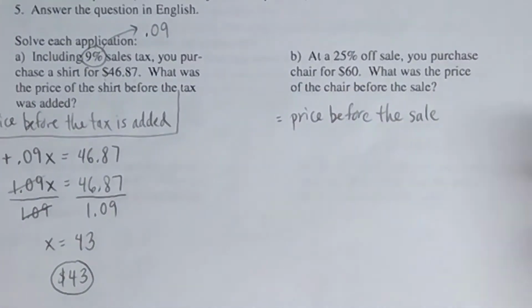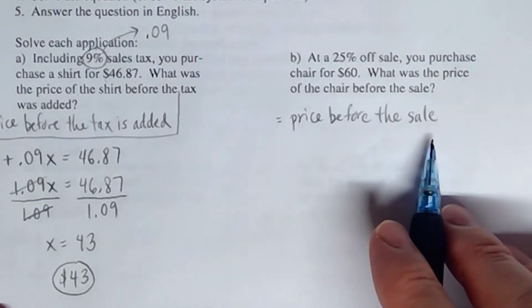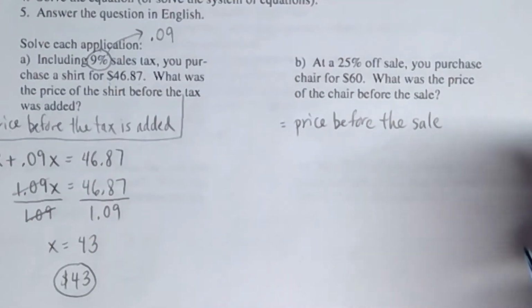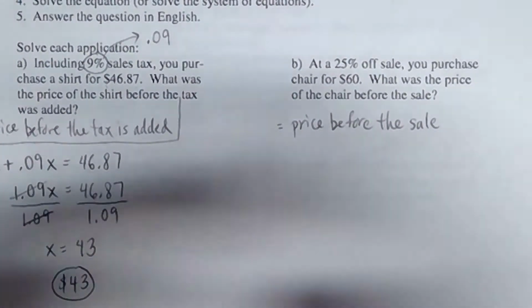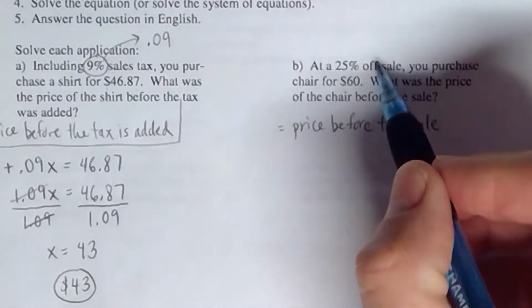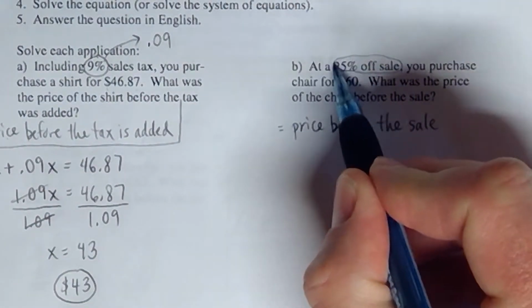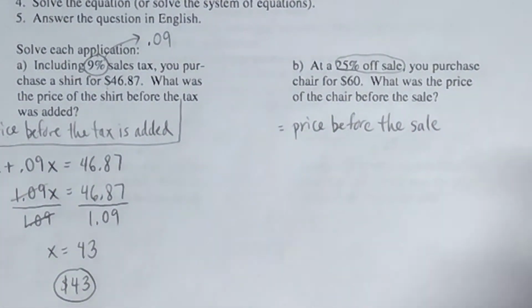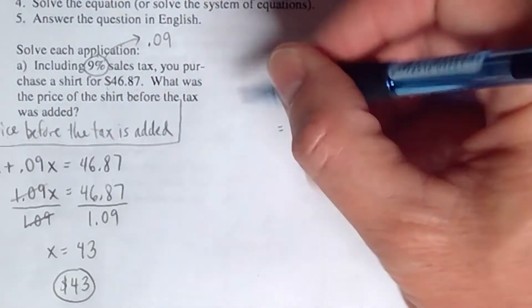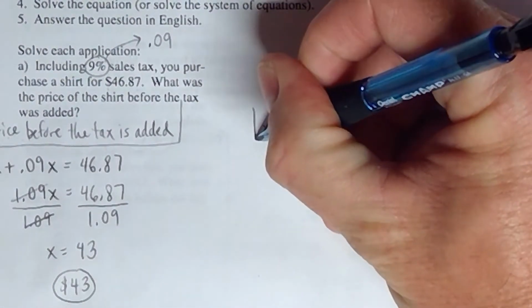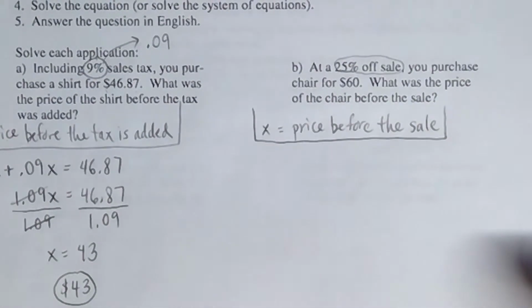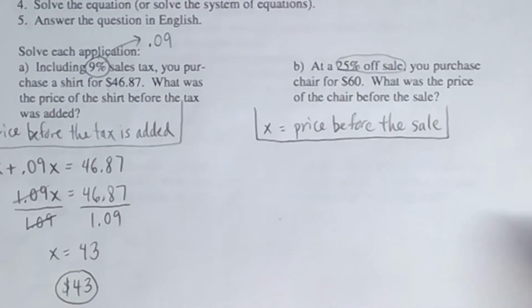Because here's the thing. Before the sale, they hadn't knocked off the 25% yet, had they? So it's the price before the percentage decrease. This is a percentage decrease instead of percentage increase because they're knocking a certain amount of money off of the price. So the price before the sale is going to be before the percentage decrease took effect.